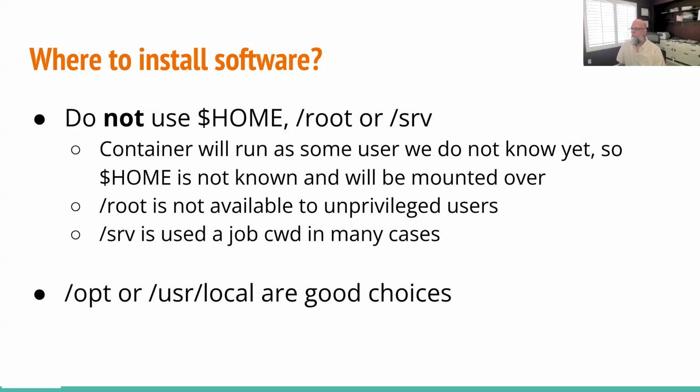So you have a home directory on the access point that is not going to be accessible when you run the container somewhere else. So stay away from home. Same with root. You're not going to run as root, so root is not going to be visible to you. And slash srv is a lot of times used by the container as a starting directory. So we don't want to put stuff in there either, because it will also be hidden for us in that case.